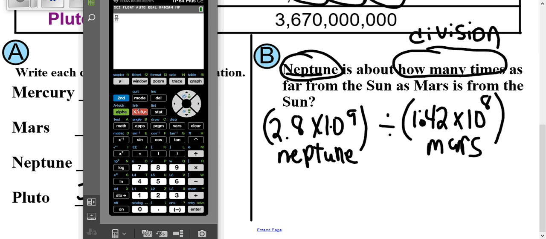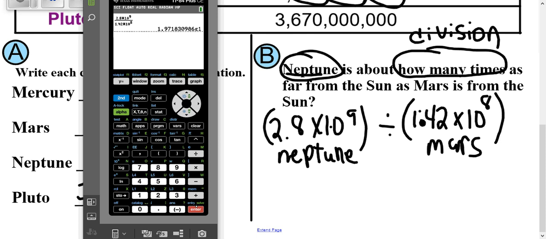Now, if you're going to put this in, it's 2.8 times 10 to the exponent of 9. Then just go down and put 1.42 times 10 to the 8th. And that's it. You press enter. You get 1.9718 and so on, times 10 to the exponent of 1.